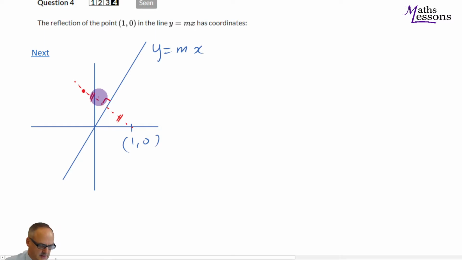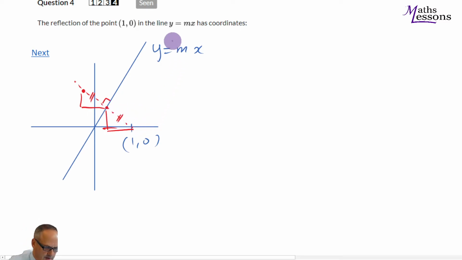So the easiest thing to do is to work out the equation of this line, find that intersection there, which will then give me my x distance and my y distance, and then I've got my same x distance and y distance there to find that point. So that's the process I'm going to do.